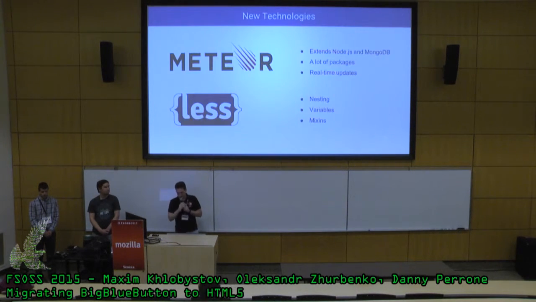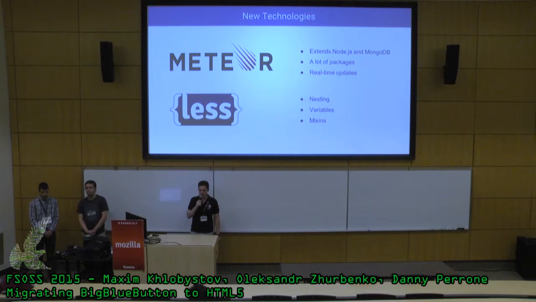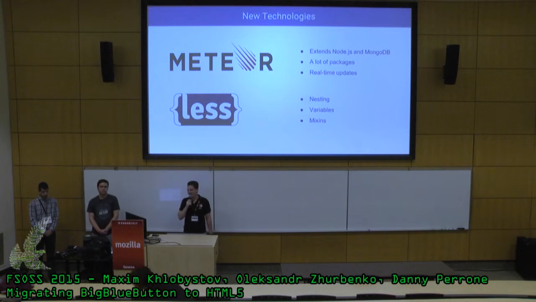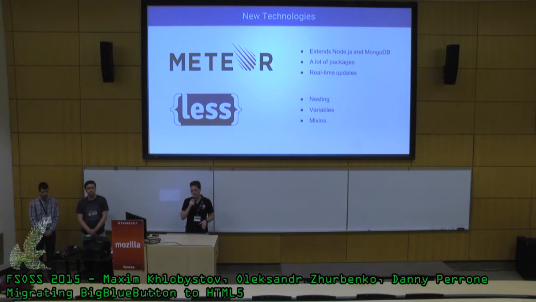But then we found Meteor. Meteor is a solid open source framework which extends Node.js and MongoDB. It has its own package manager with a lot of different packages, and its main strength is its real-time updates. The way it works, Meteor runs a main MongoDB on the server side, and it also has a local mini Mongo on the client side.